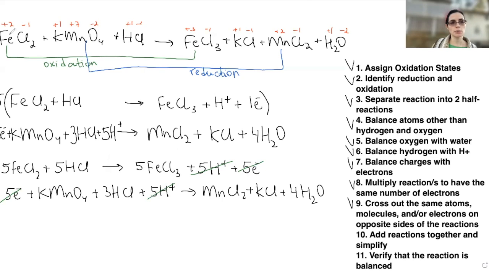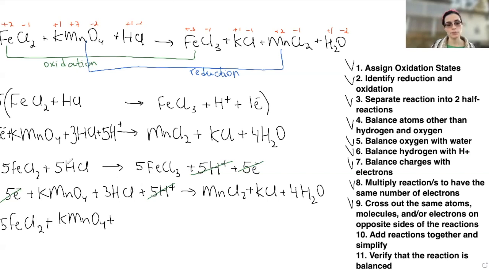And I will try to keep the same order just so that you could see how the reaction changed, right? So I have 5 iron 2 chloride plus potassium permanganate, did not change, plus what? Well, here we have 5 HCl, right? And here we have 3.